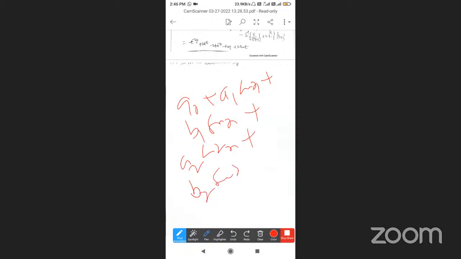Definition: what is a Fourier series? A series of the form a0 + a1 cos x + b1 sin x + a2 cos 2x + b2 sin 2x + a3 cos 3x + b3 sin 3x and so on, up to an cos nx + bn sin nx.